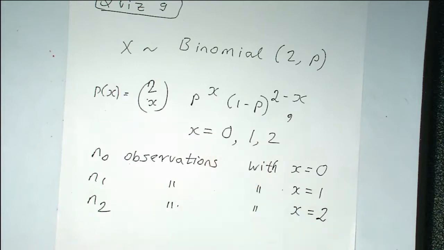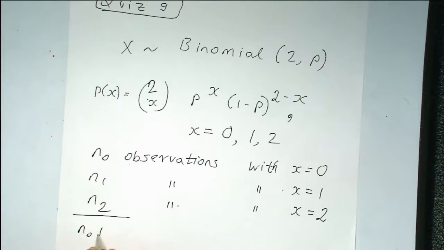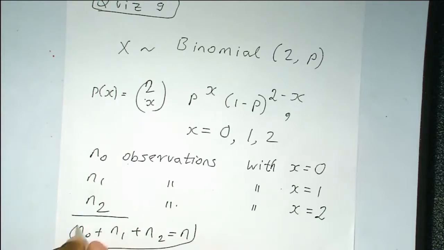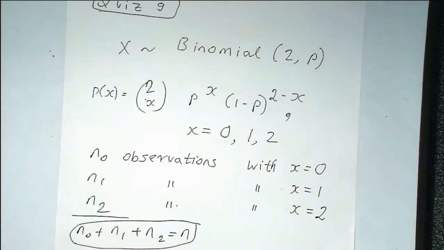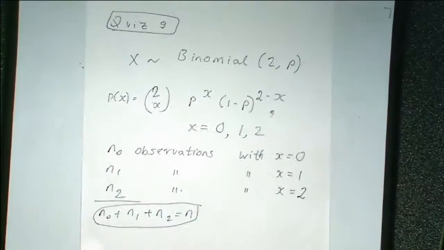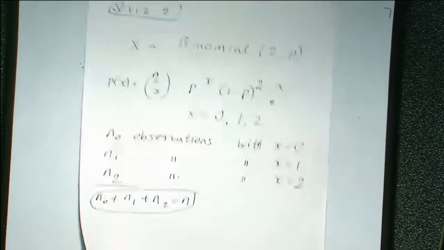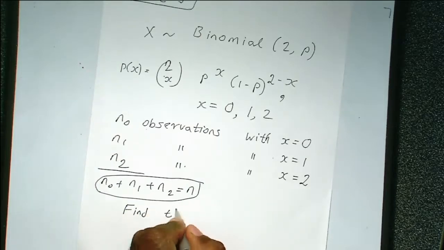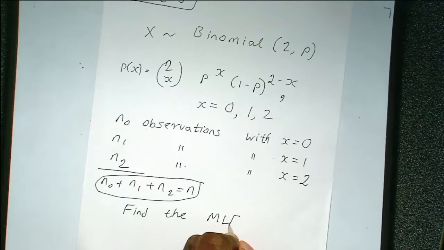These are the possible values the variable can take. And the total number, which is n0 plus n1 plus n2, is equal to n. And the question is to find the MLE of p given all this. Does it make it clear or not?